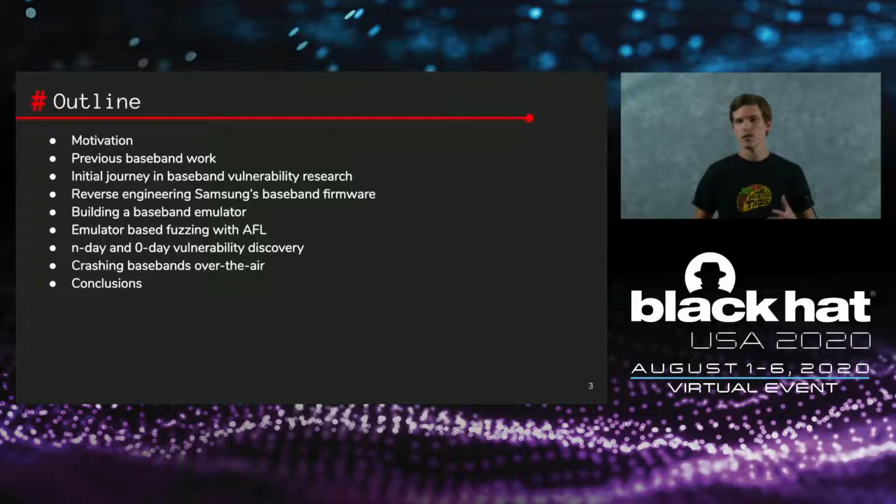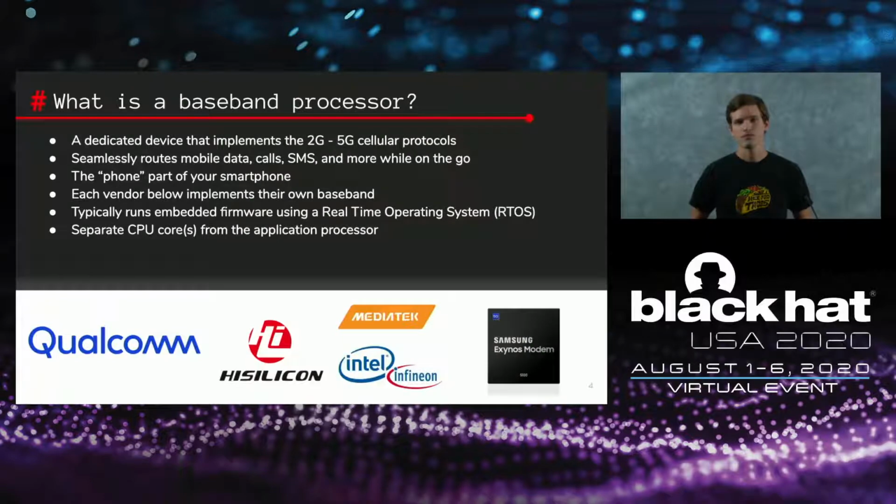And then we'll jump right into reverse engineering the baseband firmware, how we built the baseband emulator, and then how we actually used our emulator to fuzz via AFL, allowing us to find end days and 0 days. Finally, we'll demonstrate that the things we find in our emulator actually work over the air, and then we'll conclude.